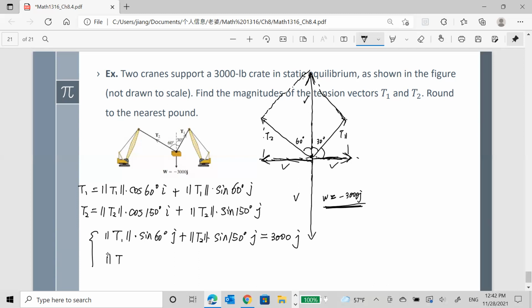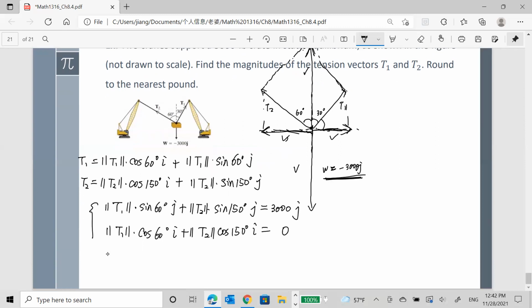The magnitude of T1 times cosine 60 degrees I plus the magnitude of T2 times, oh sorry, it's cosine, cosine 150 degrees on the I direction is 0, because they need to balance to each other. So the sum of them is 0. So we have two equations.